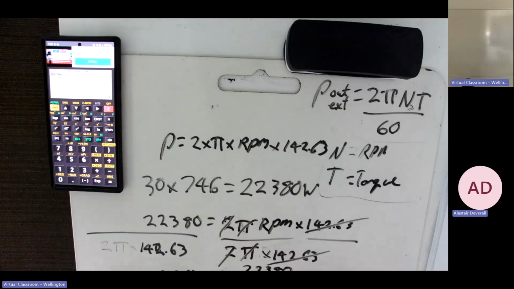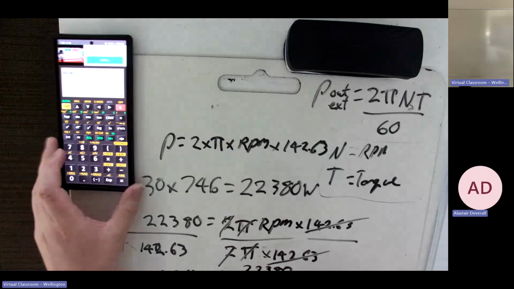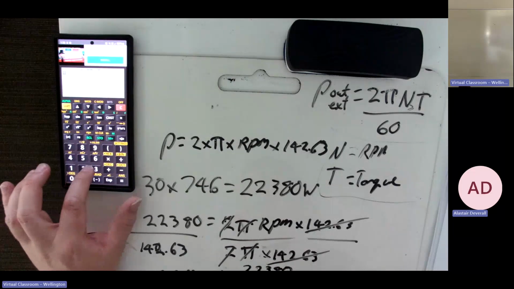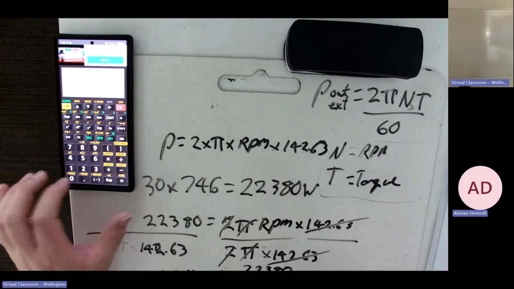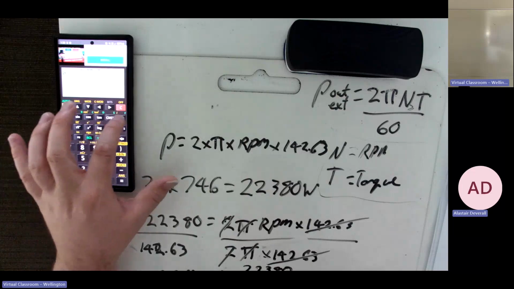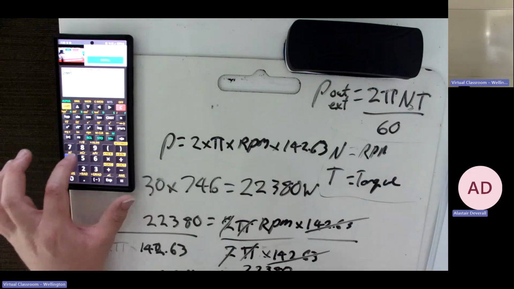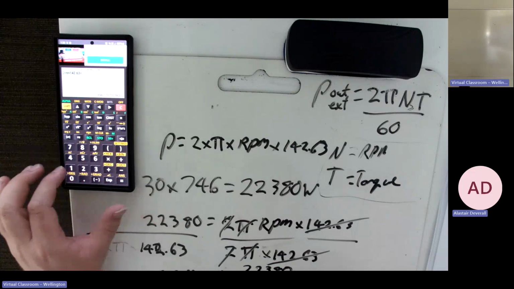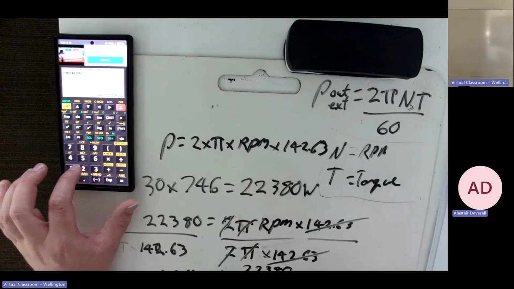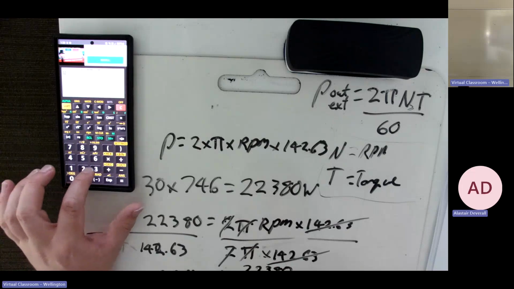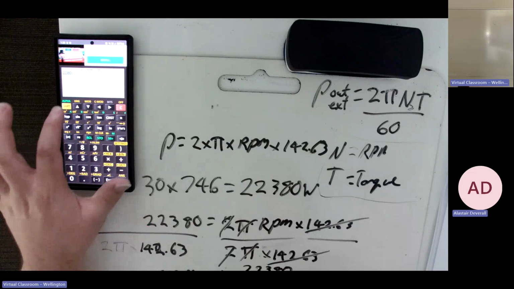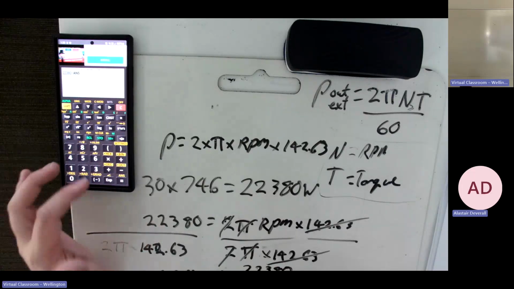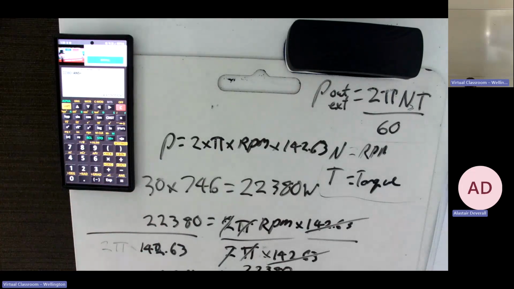So RPM equals, let's do it, 2 times pi times 142.63 equals, and then we have 22380 divided by shift equals to get the answer, and that gives us 24.97.